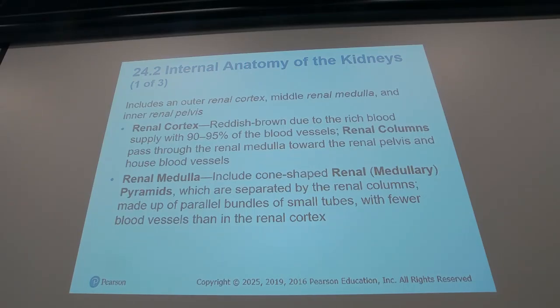The renal pyramids are almost triangular in shape, and they have many tubules that collect the urine and bring it into the first part that is going to form the ureters, which is the renal papilla. Now, in the renal cortex and also in the renal medulla, we have processes for making urine, which are filtration, reabsorption, and secretion.